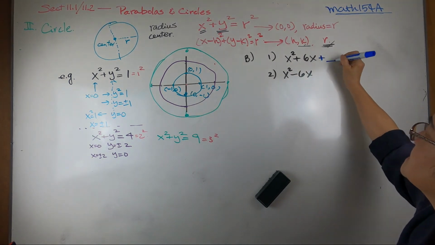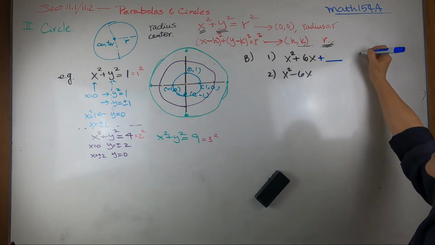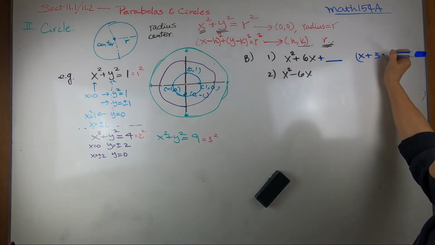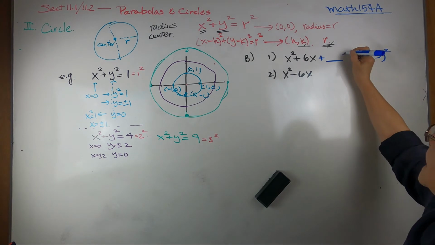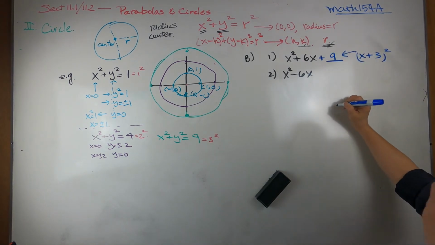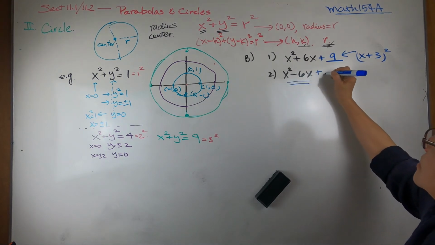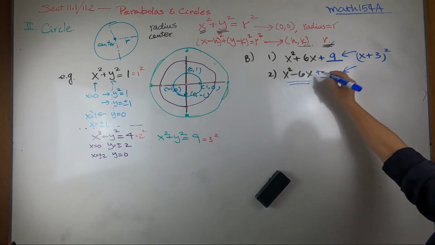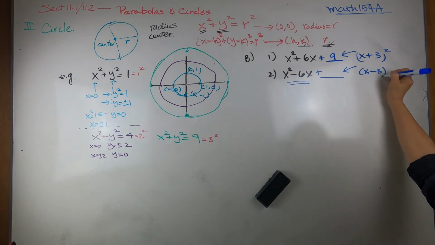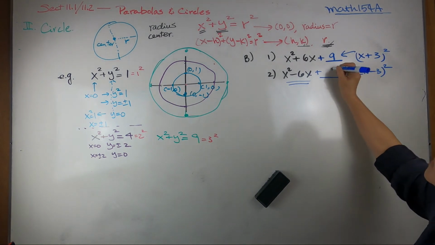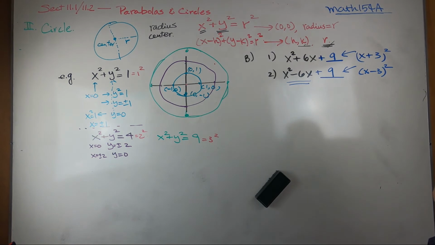So what do you think this number would be? Half of the b is 3. You need to do that, right? So then this number will be 9. If you have 2 terms like this, which third term do you need? This one will be x minus 3 squared. So you need to still plus 9. Is that right?